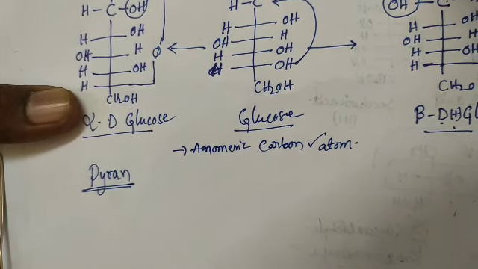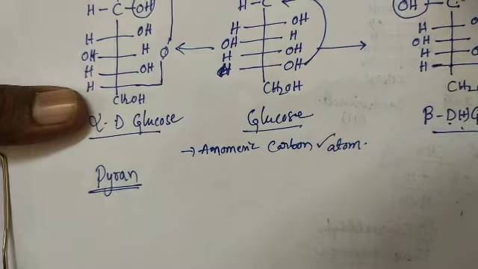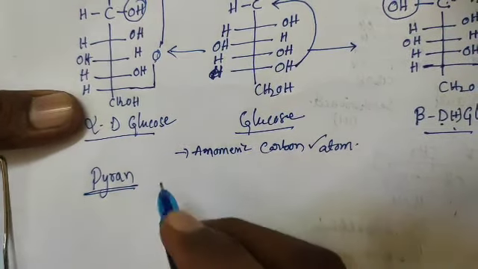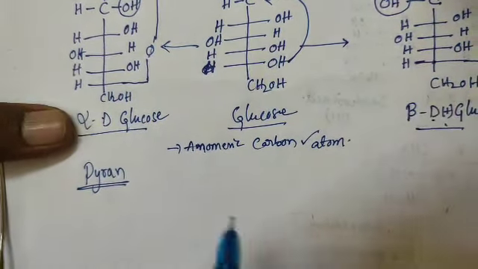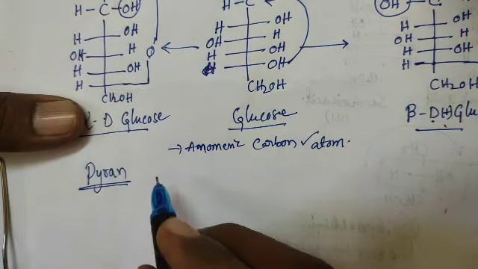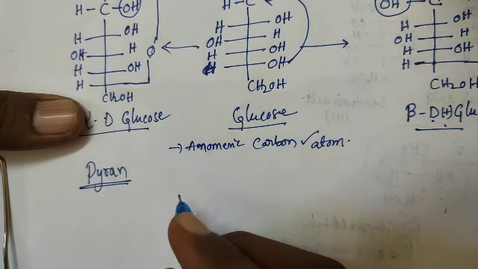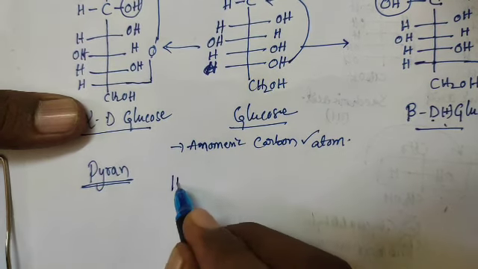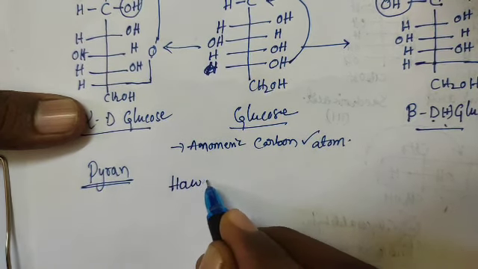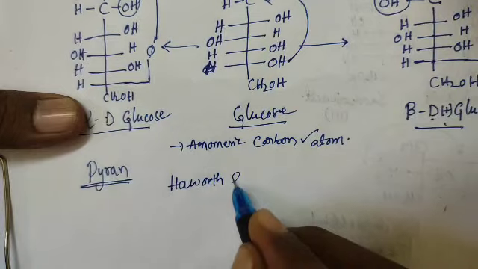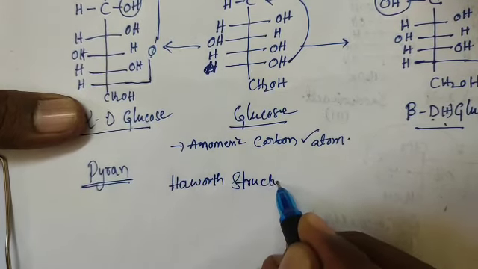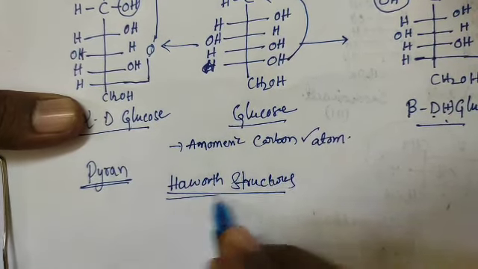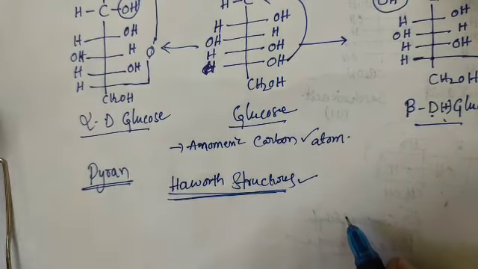According to that, how will you write these two structures? One scientist, whose name is Haworth, wrote them. Haworth structures. That structure is very stable compared to the remaining.